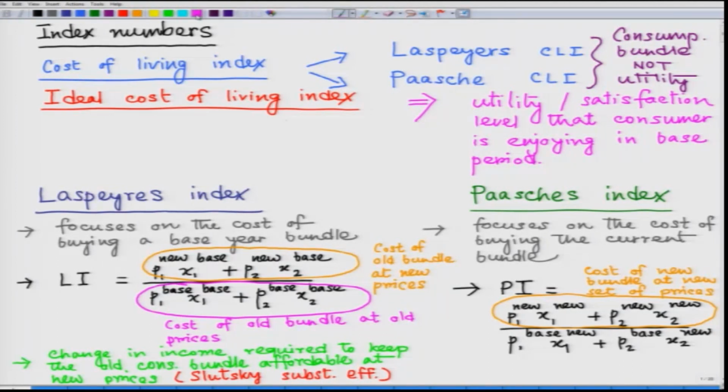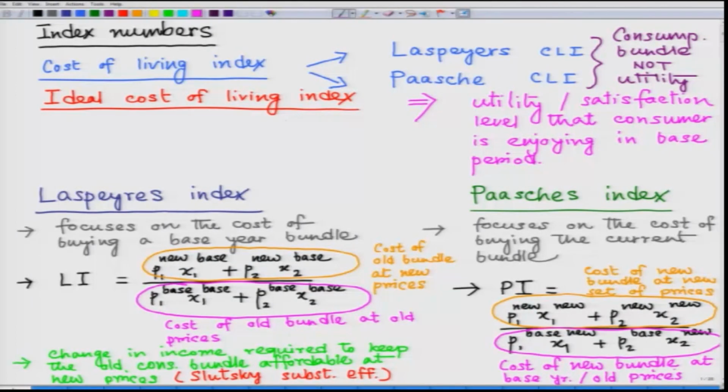And let us look at the denominator. So, that is cost of new bundle at base year or old prices.